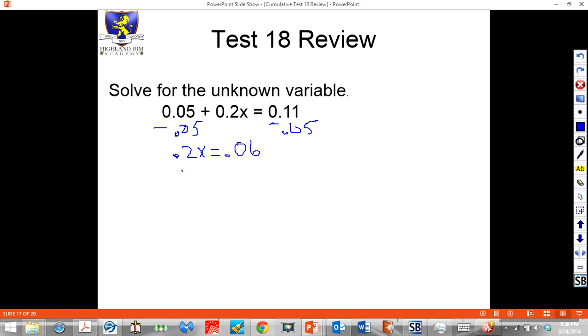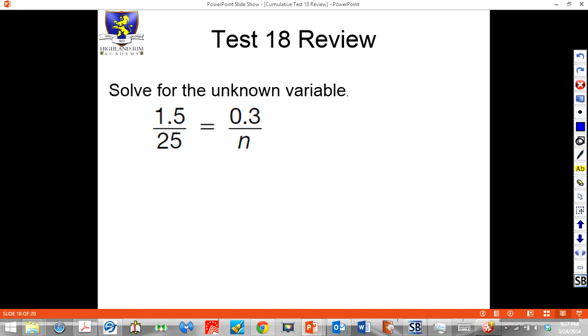So we just divide both sides by 0.2. And x now is equal to 0.06 over 0.2. And that means that x is now 0.3. That's pretty simple there. All right. Let's move on.